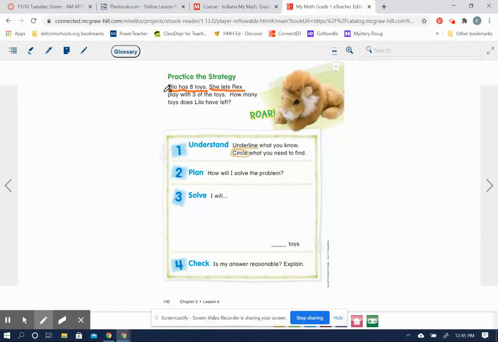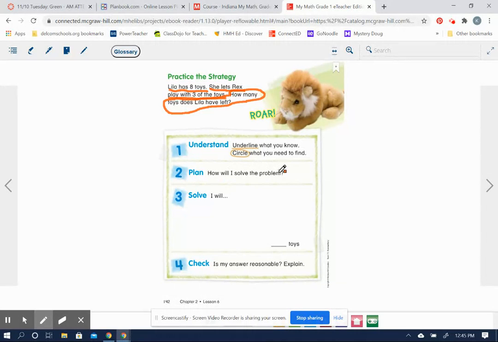So in other words, she gives them away to Rex. Here's what I want to find out. So now I'm going to circle this. How many toys does Lila have left?